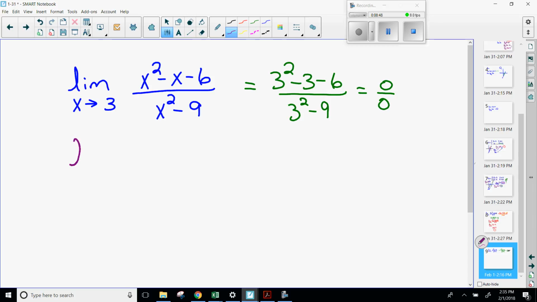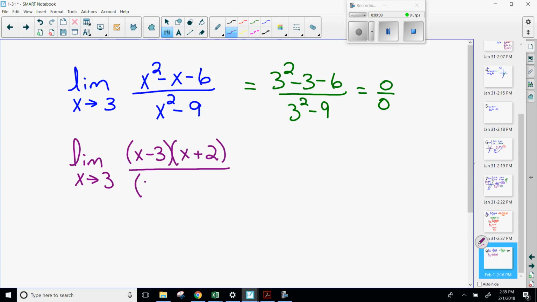So once again, you have to write the limit as x approaches 3. I'm going to factor the numerator. How does the numerator factor? x minus 3 times x plus 2, all over the denominator, which is the difference of perfect squares, so it factors into the conjugates: x minus 3 times quantity x plus 3.